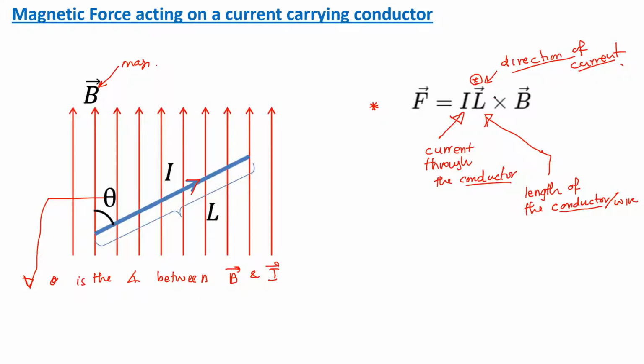Okay, then we have this symbol. This is not multiplication. It is something like a multiplication, which is called the cross product. And this is my B field or the magnetic field. Do you all know about cross products? Do you know about dot product?